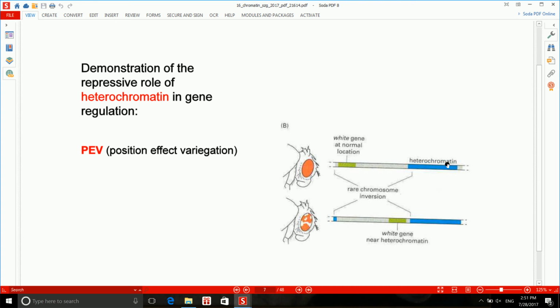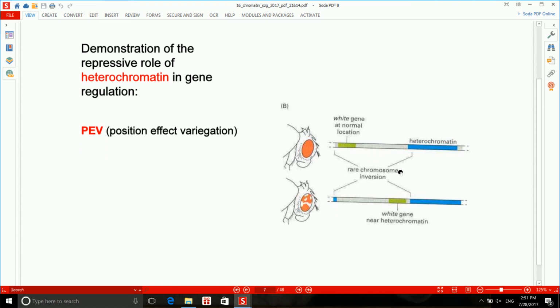Because the heterochromatin is getting bigger and it is now kind of occupying the euchromatin genes. A good example of that is the white gene of Drosophila.